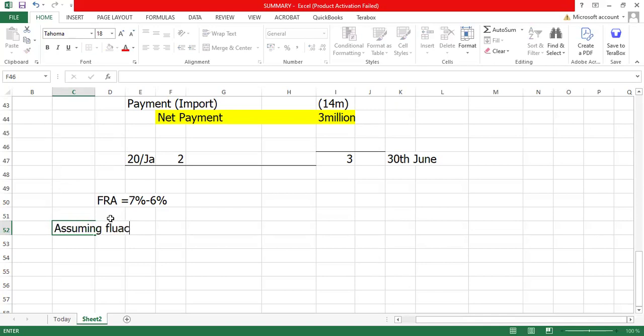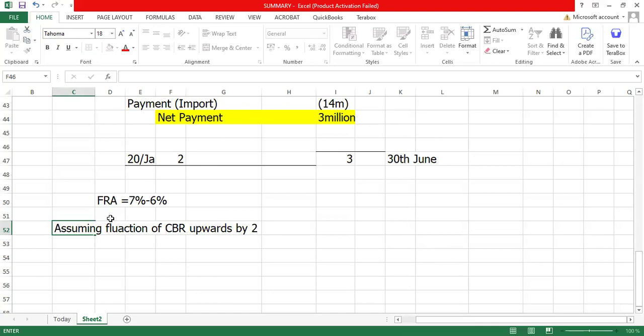Assuming the fluctuation of CBR upwards, don't use another word, upwards, or if the rate increases by 2%.